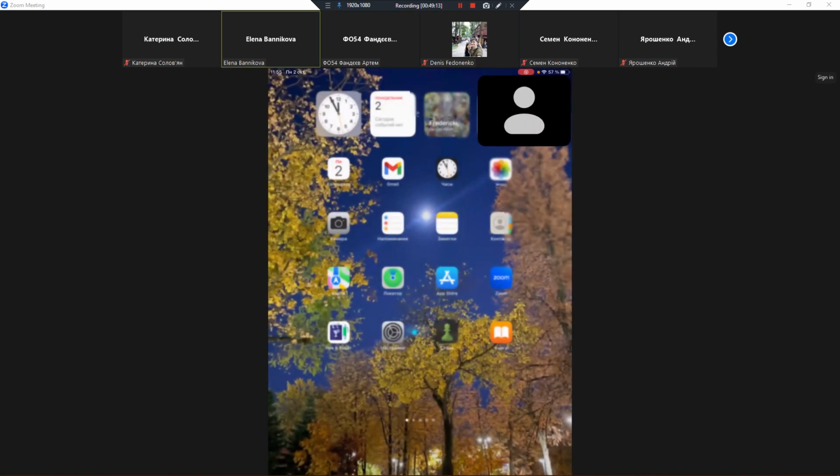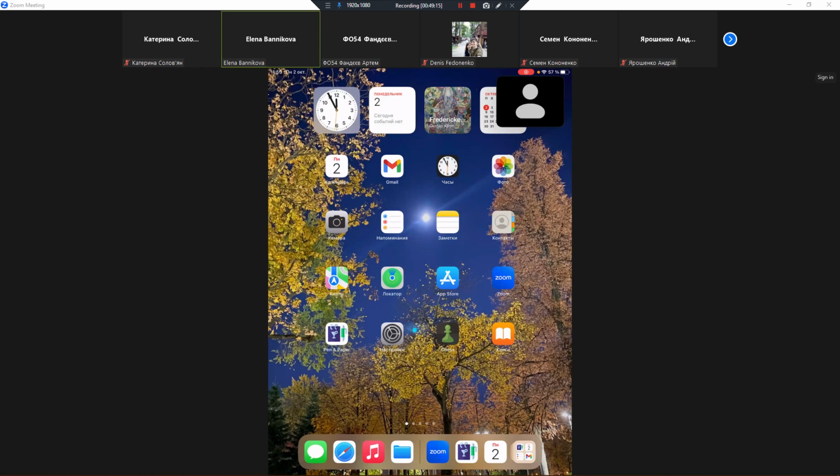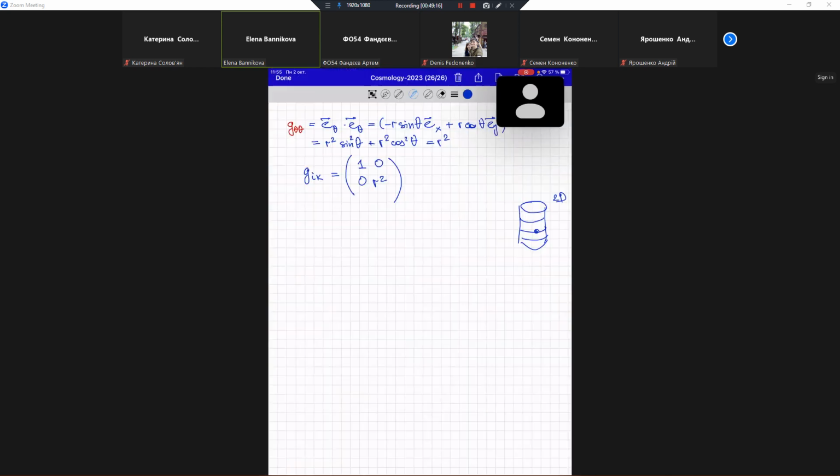So we have the equation of a cylinder, the cylinder surface, okay? And this surface, is it flat or curved? Probably curved.